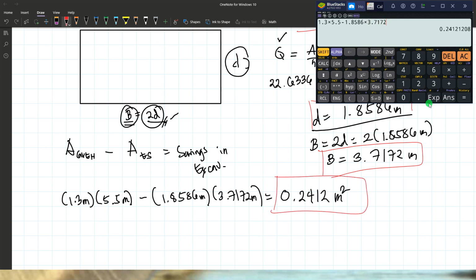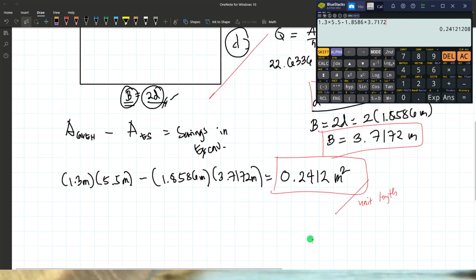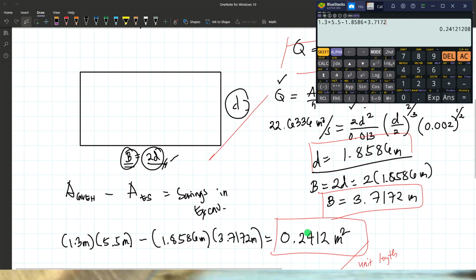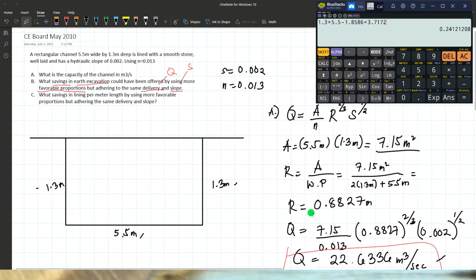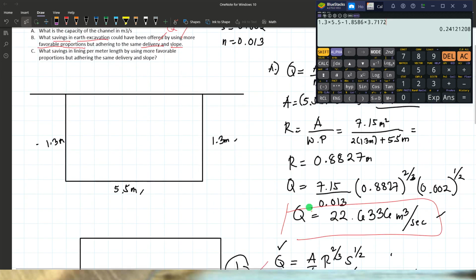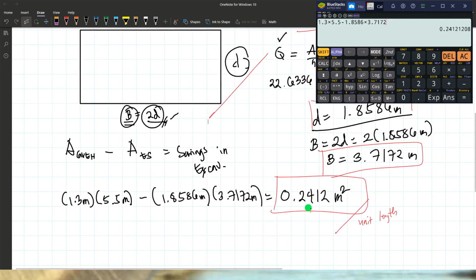That's the saving in excavation per unit length, because the savings in volume of excavation will depend on the length of this open channel. Since the length of this open channel is not given, we can only express it as the area per unit length.